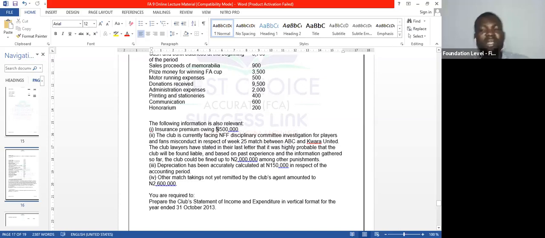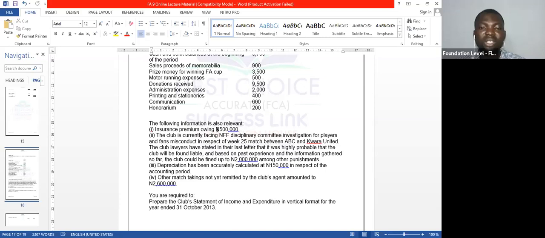Then the other one that we have is the club. The club is currently facing the NFF disciplinary committee investigating players and fans misconduct in respect of the week 25 match between ABC and Akure.